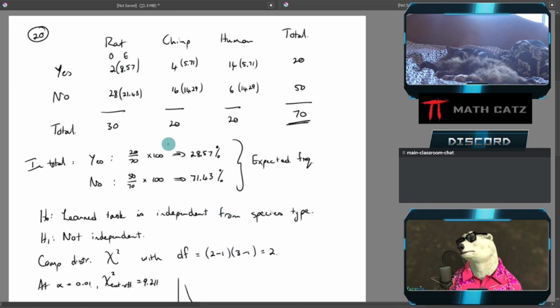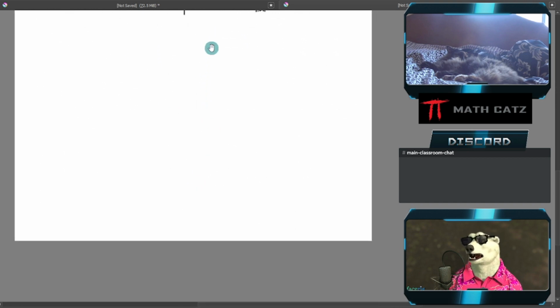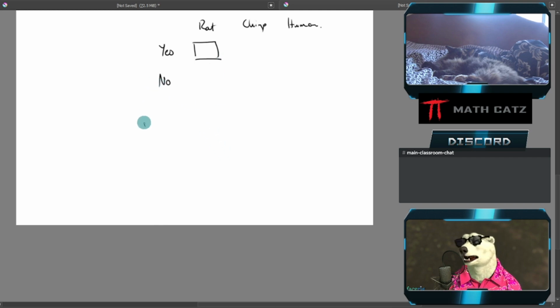So this table is going to get a little crowded. I'm going to make a new table down here, just so it's not too messy. Just copy the row and column headings. Human. Okay, so let's calculate this one. Let's show that one in detail.